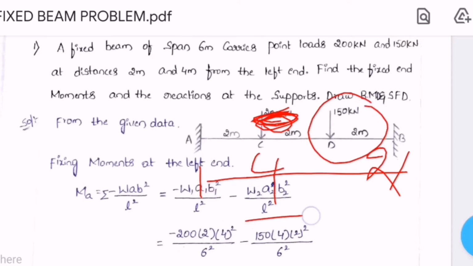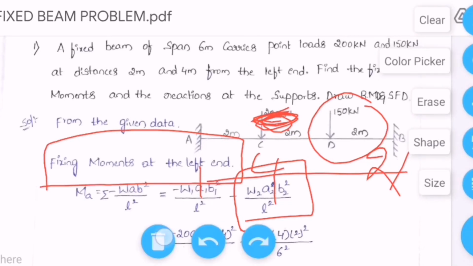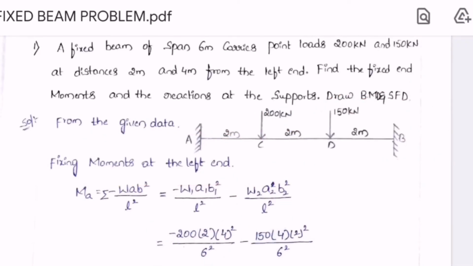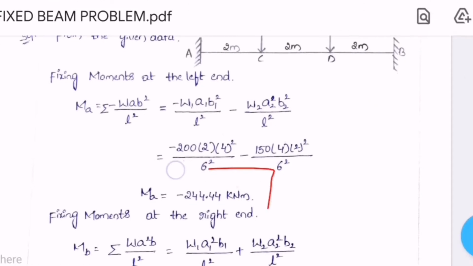So this will be the thing, A will be 4 and B will be 2. So if we add both the values, then we get the fixed end moments at the left end for the given system of loads, right? So if we add these two, we get minus 244 kilonewton meter.